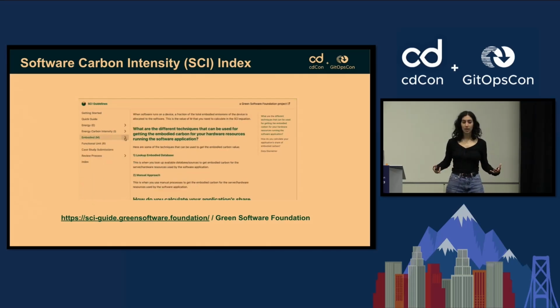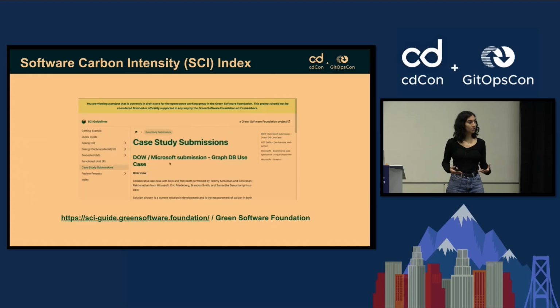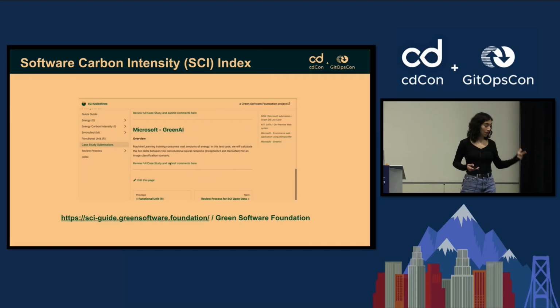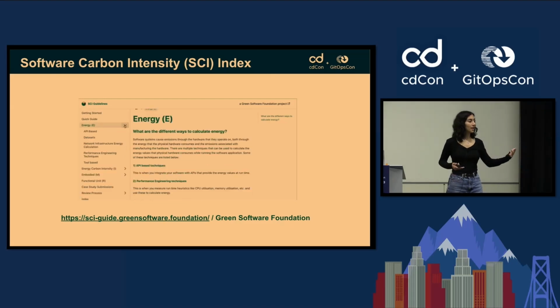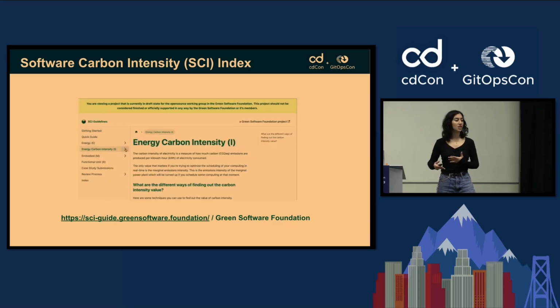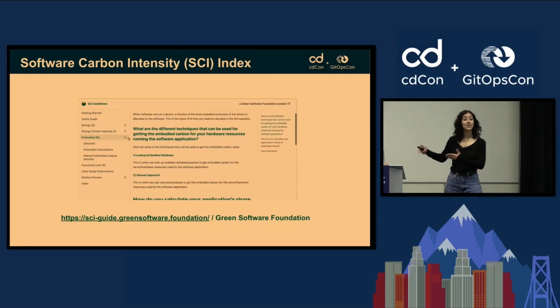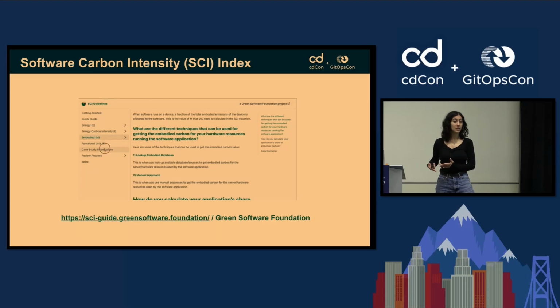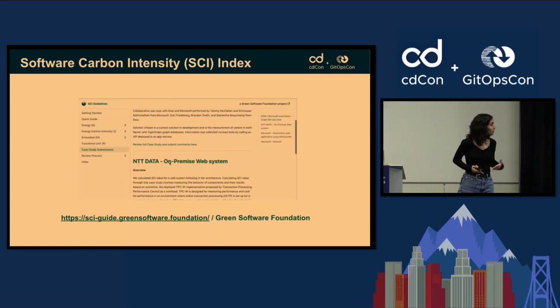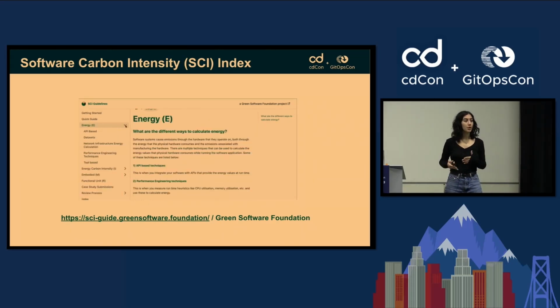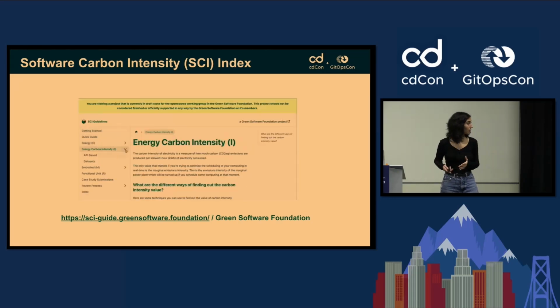So there's a formula that they have put together with various variables such as energy consumption, carbon emissions, embedded carbon, and all of this per rate. So per rate of something, this could be an API request, it could be a reconciliation, like what we're going to see in a minute. So that's really important for comparing the software intensity, the carbon intensity of software.